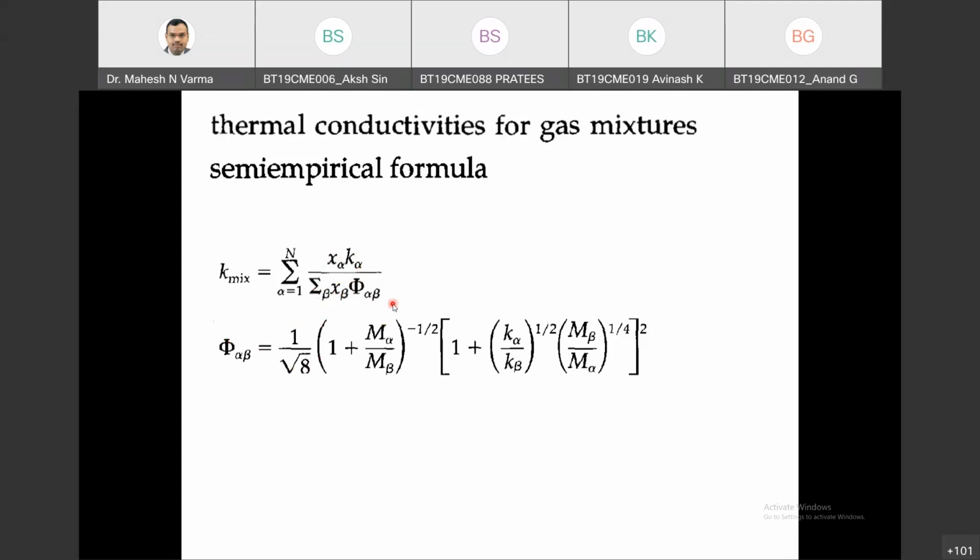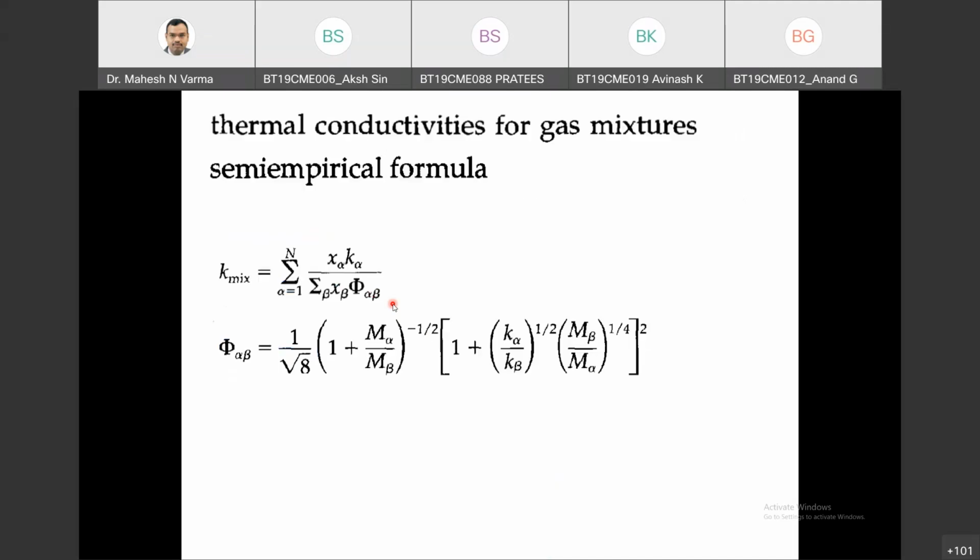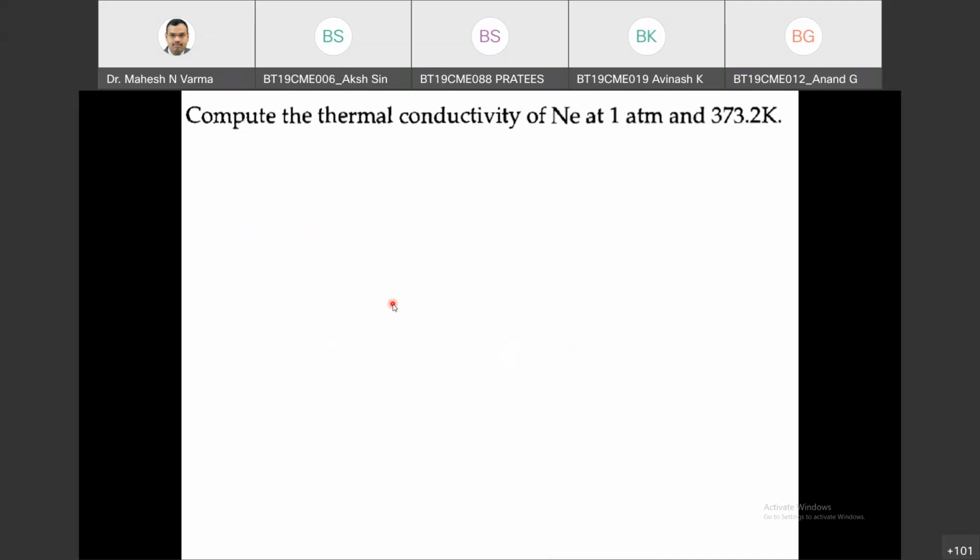Is this clear to everybody? Does anybody have any doubt? Okay, compute the thermal conductivity of neon at 1 atmosphere and 273.2 Kelvin.